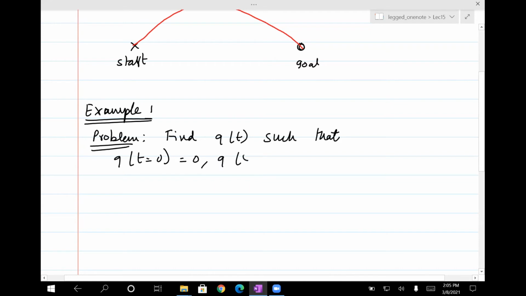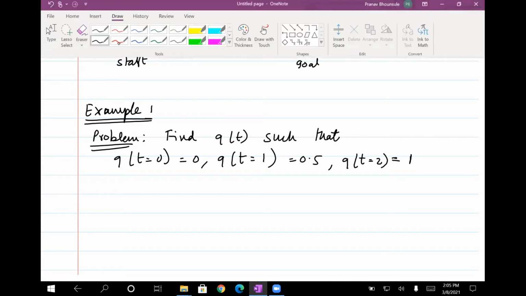Q of t at t equals 1 second is 0.5. Okay, and then we have q of t at 2 seconds, you want to be at 1. Okay, and that 0.5 is in 1 unit. So you can see that this is an intermediate point or via point.